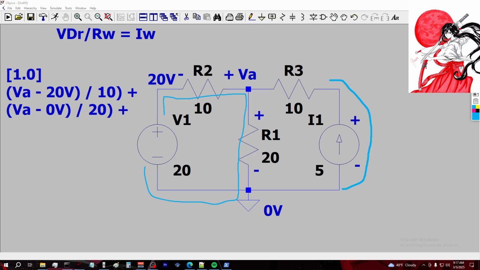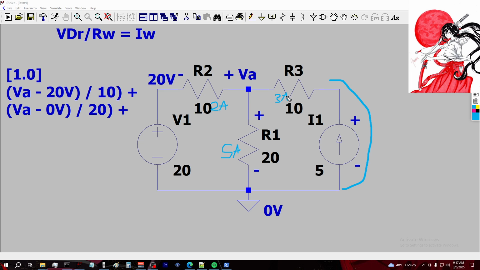So let's say in theory this is 5 amps, this is 2 amps, and this is 3 amps.